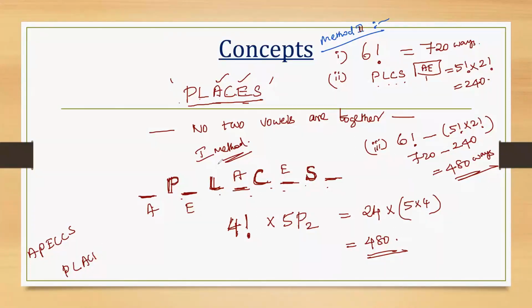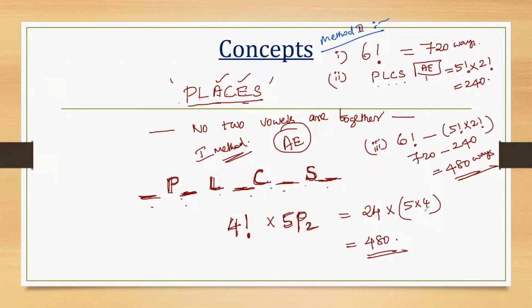So we have 5 gaps between the consonants. First I arranged the consonants, so between the consonants we have 5 intervals. In that, any 2 places will be occupied by A and E. Therefore 5P2, since we have only 2 vowels. Out of 5 gaps, any 2 will be occupied by A and E. Then no 2 vowels will be together.